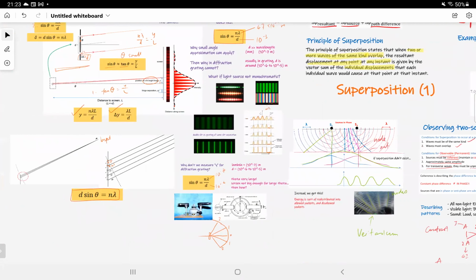The difference in the slit width will cause, number one, the brightness of the fringes to be different. But if the slit separation is kept the same, then the fringe separation is also the same, because you look at delta y equals lambda L over d, as long as the d is the same.